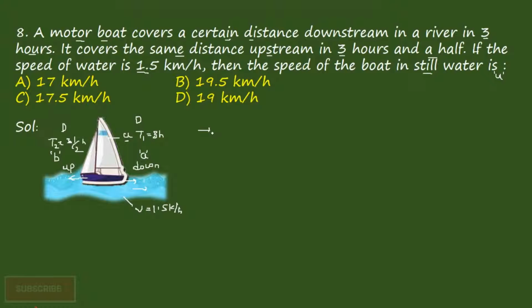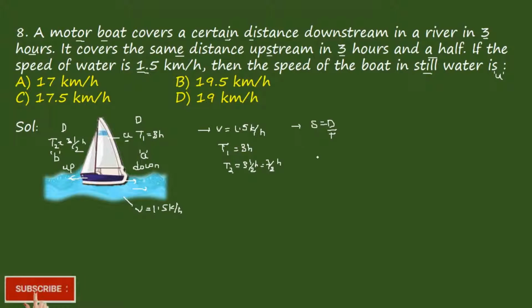Now it is given that V is equal to 1.5 kilometers per hour, and time T1 is equal to 3 hours and time T2 is equal to 7 by 2 hours, right. T1 is when it moves downstream. T2 is when it moves upstream. A general thing that we know is that speed is equal to distance by time, right.